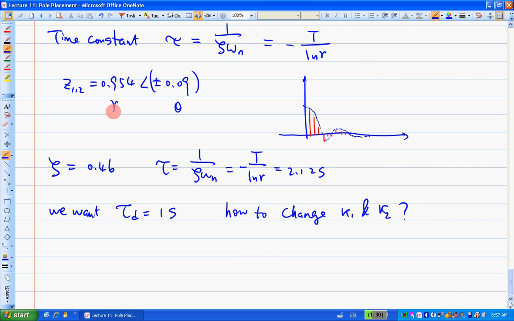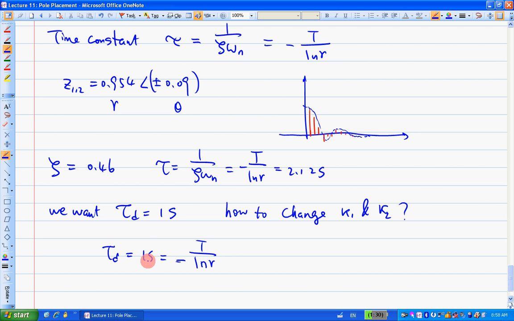So let's update this R and theta based on the new time constant. What's the time constant formula? Tau equals negative T over ln R. So tau d equal to 1 second equals negative T over ln R, where capital T is given, which is 0.1.